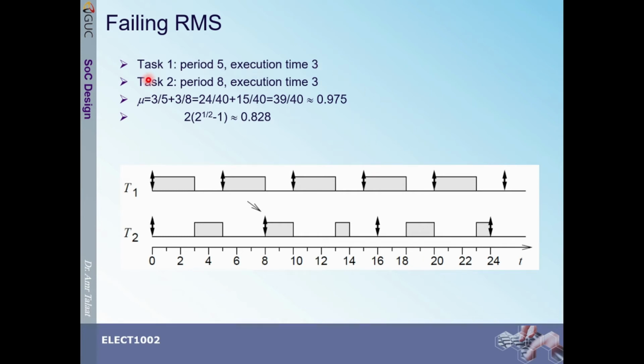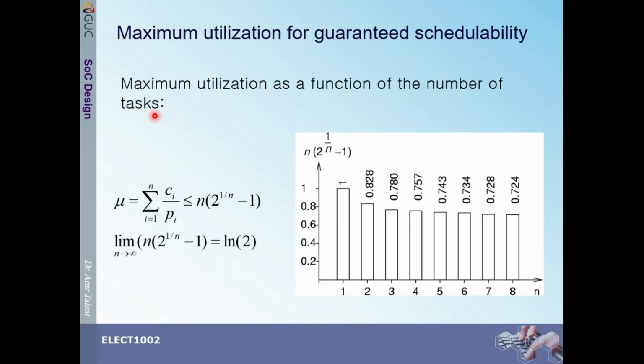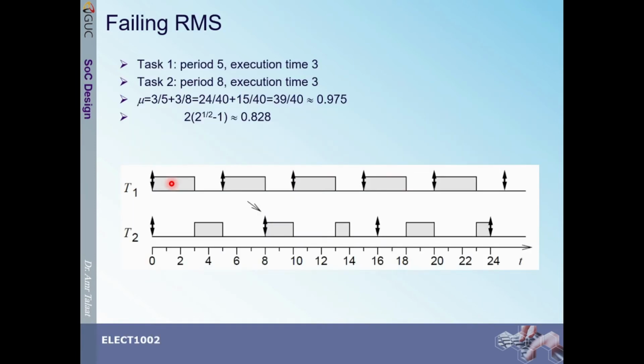T2 has a period of 8 and an execution time of 3 as well. So T1 will always preempt task 2. If we apply this rule, we find that my utilization is 0.975, which is more than 0.828, the limit by Liu and Layland.